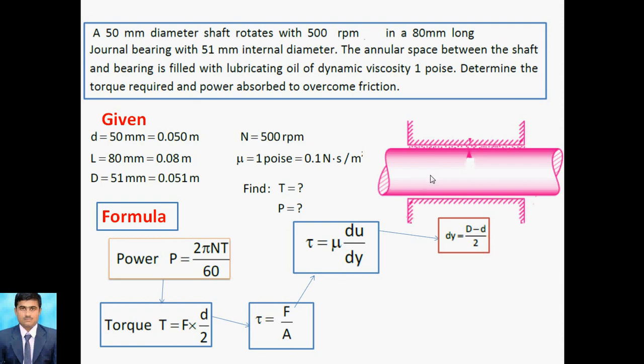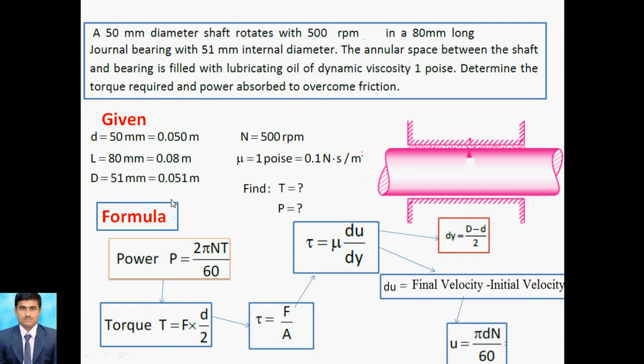For du we calculate the change in velocity, that is the final velocity minus the initial velocity. The final velocity is not given directly, so we compute it from u is equal to pi D N by 60, the tangential velocity.